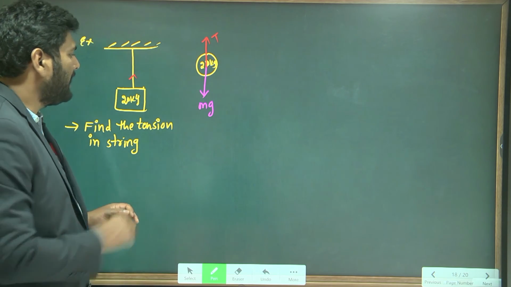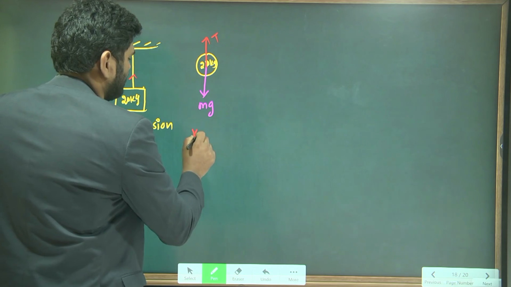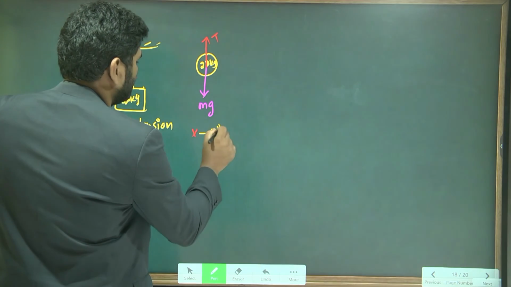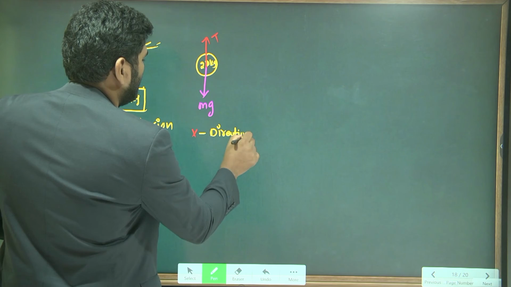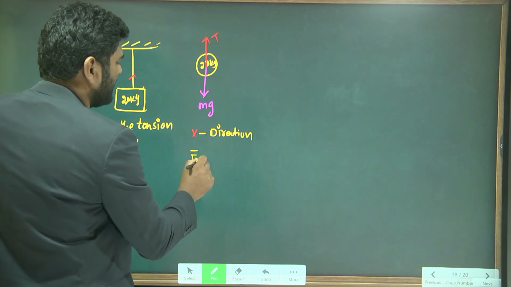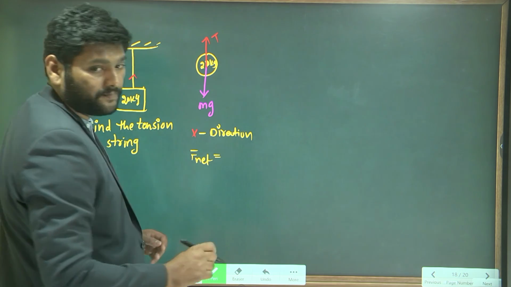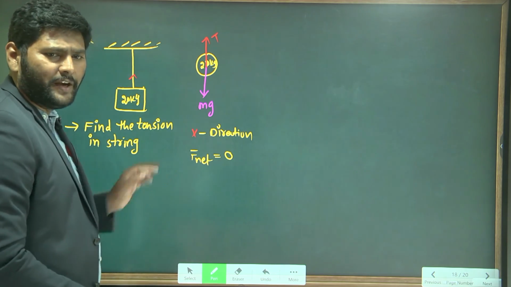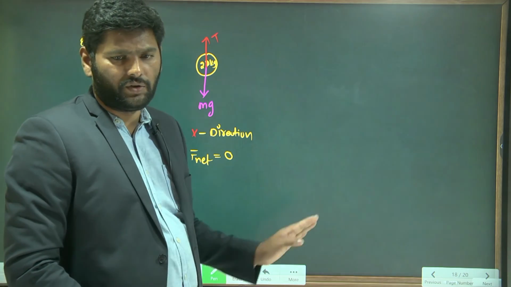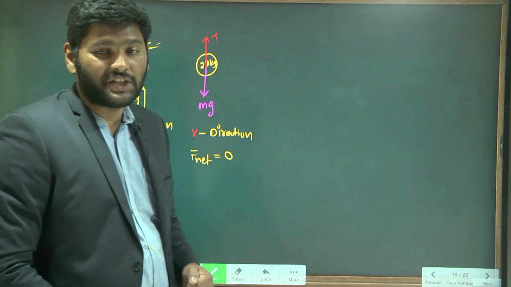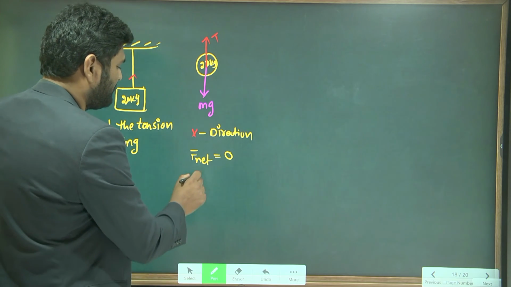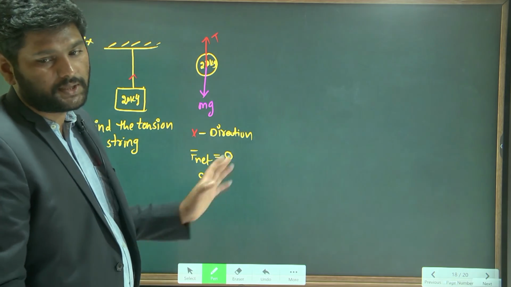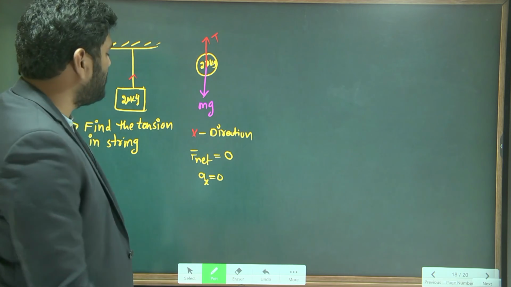Now along the x direction, are there any forces acting? No, sir. So the net force is how much? 0. When the net force along the x direction is 0, what about the acceleration? 0, according to Newton's second law. This is about the x direction.